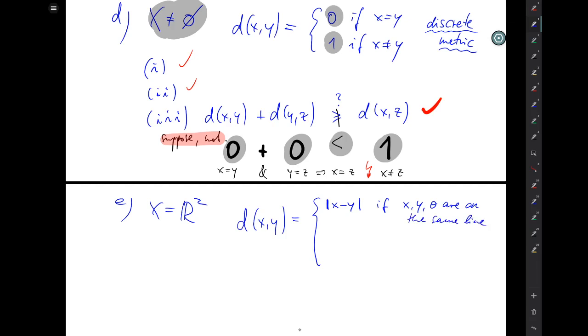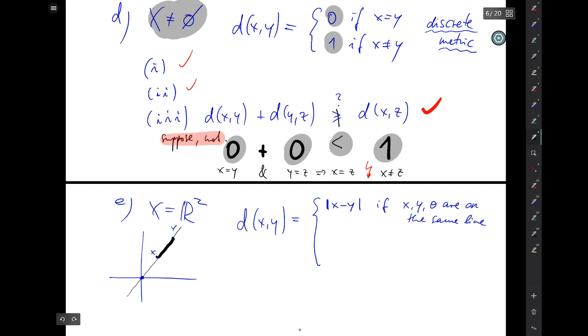Okay, so you have a situation like this. So here's the origin, maybe here's your point x, and if y is maybe here, so that you could draw a line through the origin and x that would also contain y, then you're in case 1. So in that case, you would say that the distance of x and y is just the norm, the length of the vector x minus y.